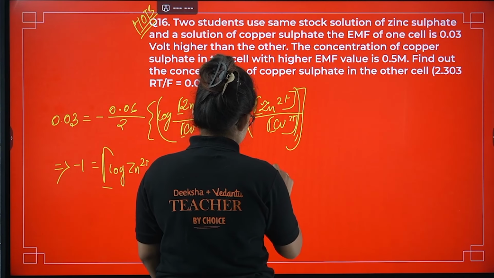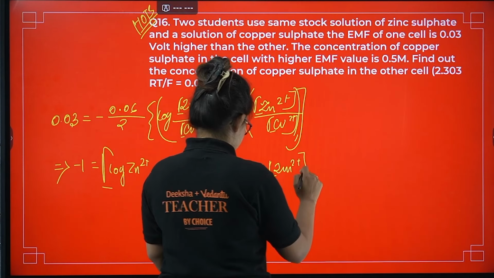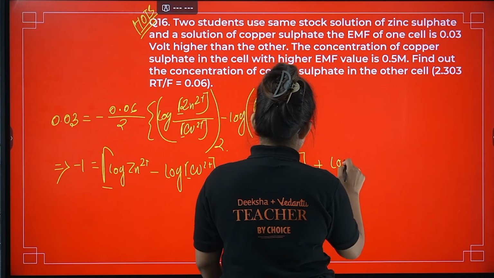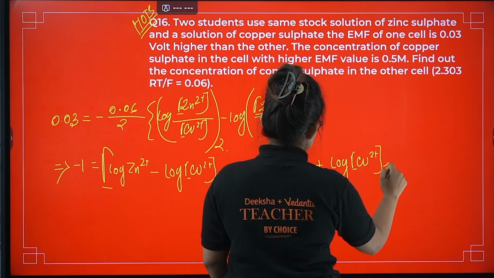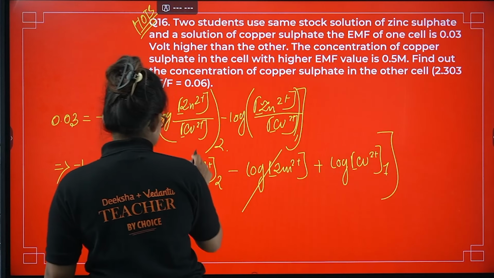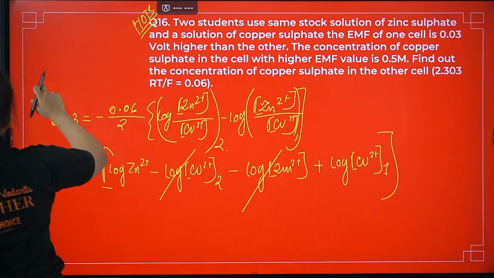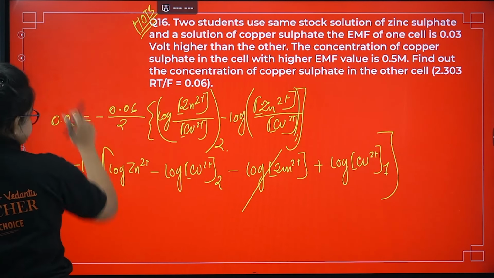Zn2+ is quite similar, log Zn2+, log Cu2+. This is the first solution, right? So from here you can see Zn2+ will be cancelled out.